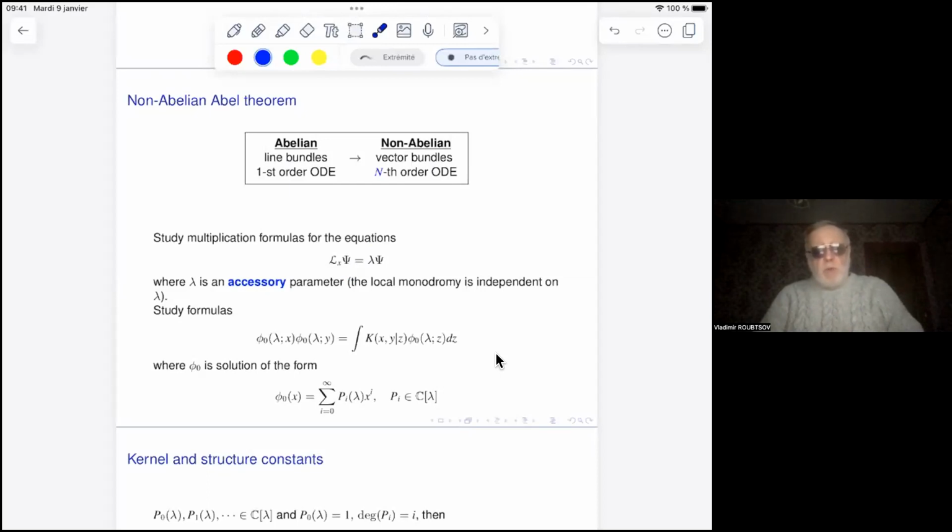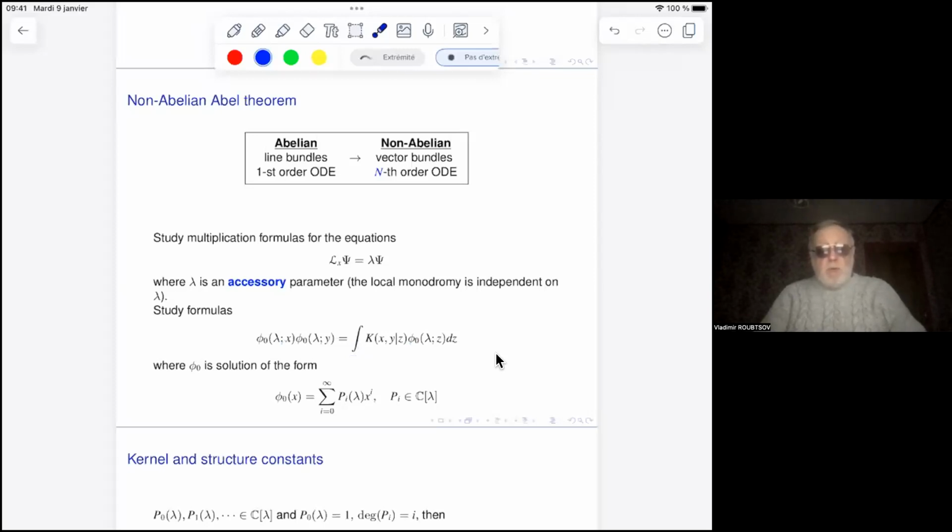And then we want to find a holomorphic solution phi 0 of this eigenproblem corresponding to this accessory parameter lambda, or eigenvalue lambda, at 2 points x and y. And then, as I told you from the very beginning, we want to present it as an integral over some cycle of the kernel, which doesn't depend on lambda, and phi 0 at the point z, where z is an integration variable.